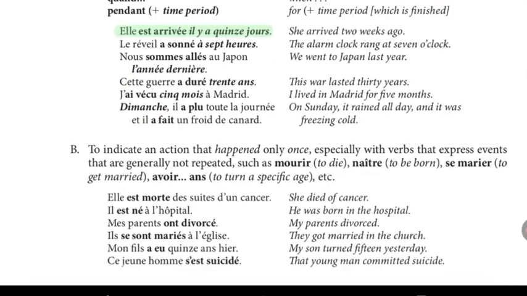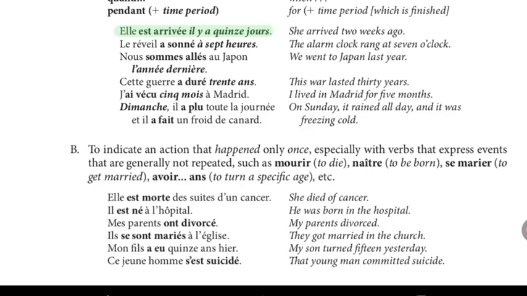Number two, when something happened just once, yes, it happened just once and it's in the past, for example, we use passé composé. Example is to die, to be born, to get married, to get engaged, of course, to divorce. Those are things that normally happen once in a lifetime, except for now that we have some which are not the norm, but people get married over and over again. But ideally, these are things that happen once in a lifetime.